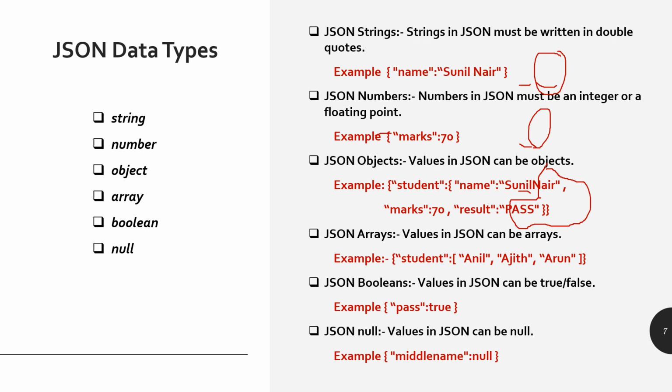See, this is an array: name colon, and the value is an array. Boolean type is also supported. Null is also supported. This is about JSON data types.